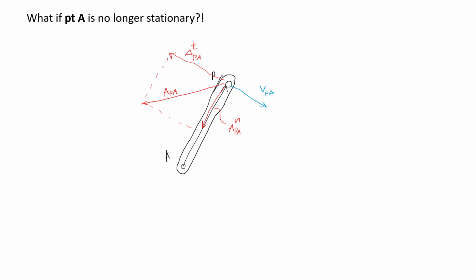So possibly the system may look something like this, that you have some sort of a block which is movable over a flat surface. And the acceleration that we're expecting on this point A is horizontal, and we are labeling this to be AA.